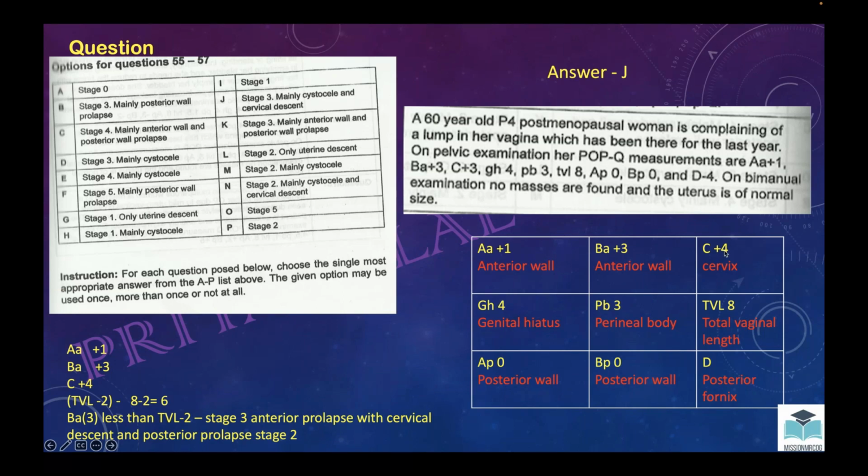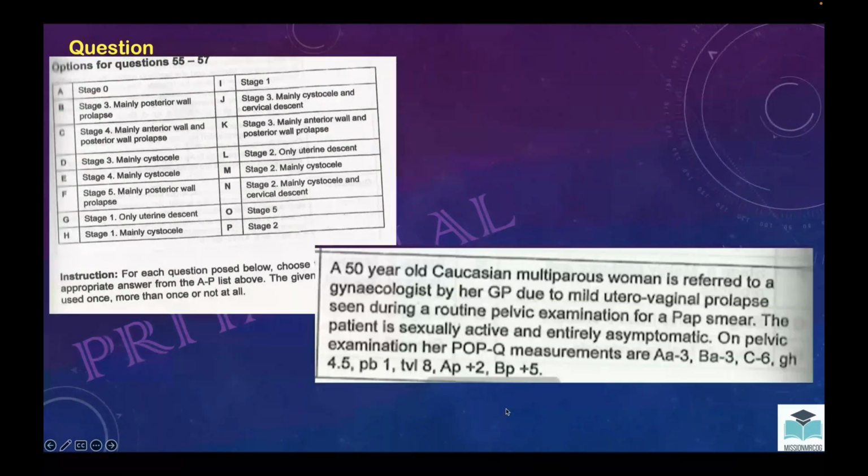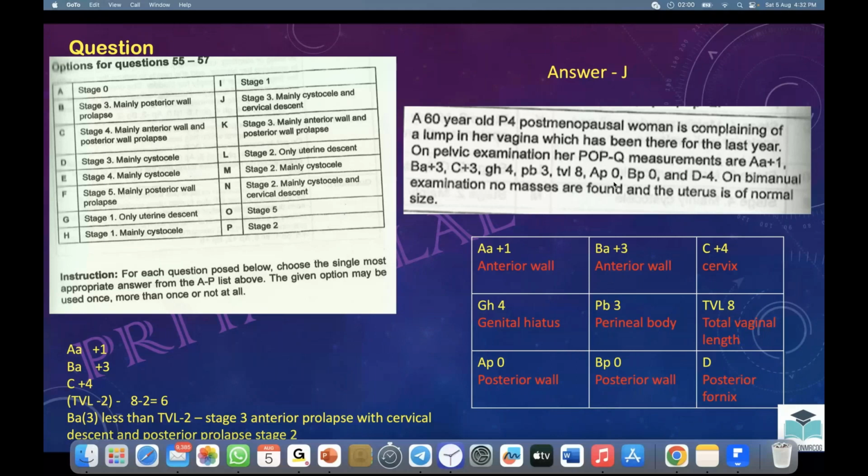Okay, again I will put the grid. Posterior wall will be stage 1? No, ma'am, it is between minus 1 and plus 1. In this picture it is 0 only, and AP and BP are 0.